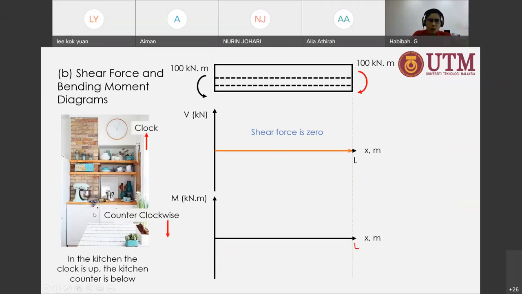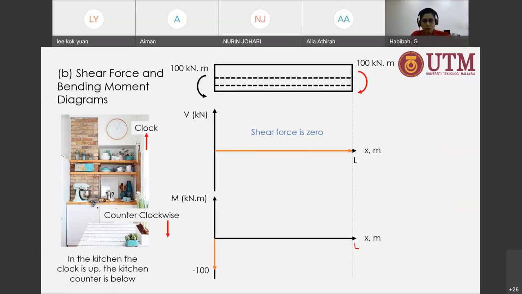So remember that when you have an external concentrated moment on your load diagram, if it's going to the left, anti-clockwise, what that means is that in your internal bending moment diagram, this is going to cause the internal bending moment to go downward in the diagram. The counterclockwise is going to cause internal moment to go downward.